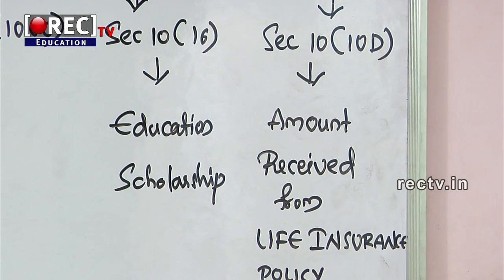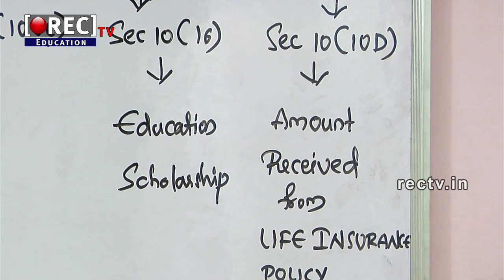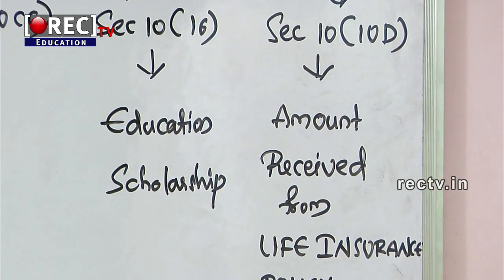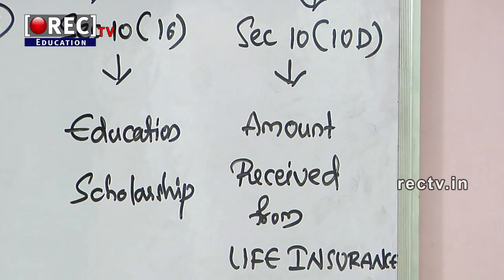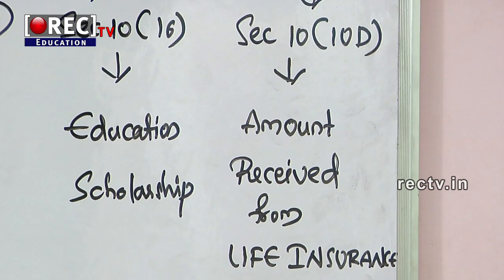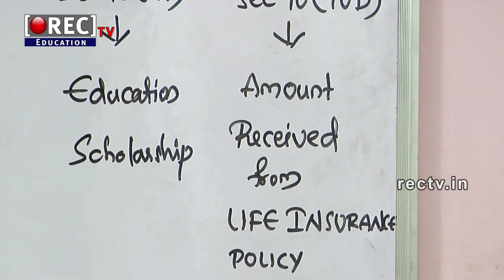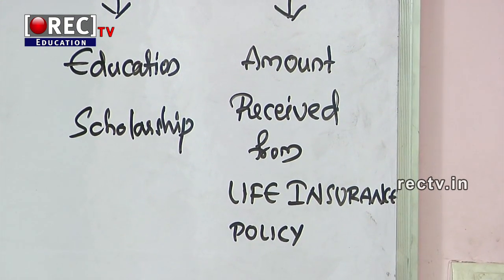Next, section 10 subsection 10D. It deals with amount received from a life insurance policy. Any amount received from a life insurance policy is exempt under section 10 subsection 10D. However, in the following situations, the amount received is not exempt.